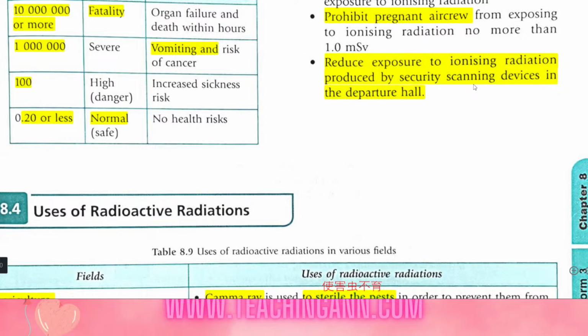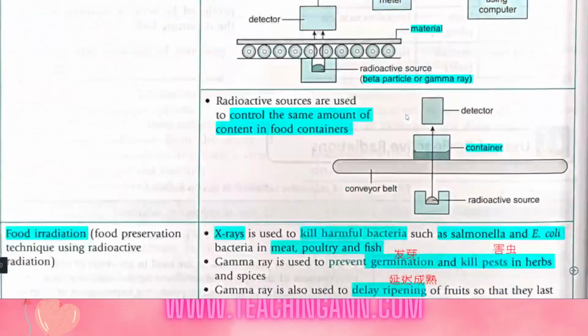In the airport, every time you go through, you get to see whatever is in your bag. Those are also exposure to radiation. I think they are probably a high risk group. Understand that? So that's the thing.